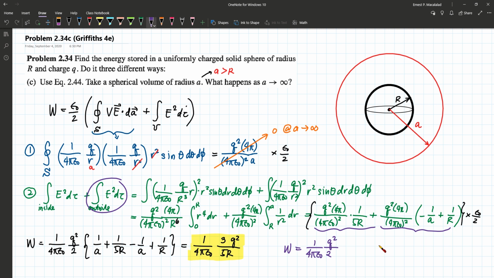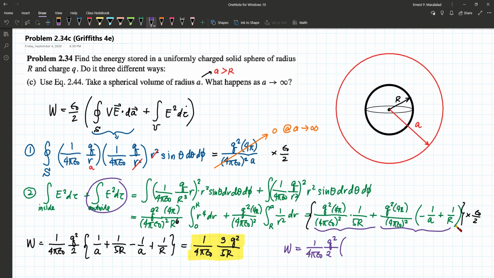And then this becomes 1 over 5r plus 1 over r.